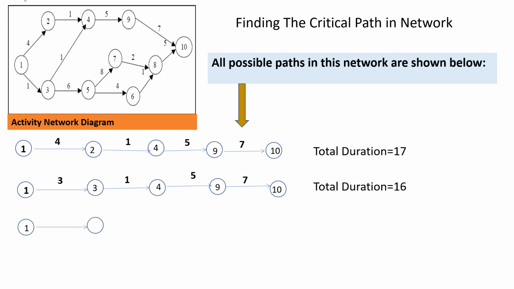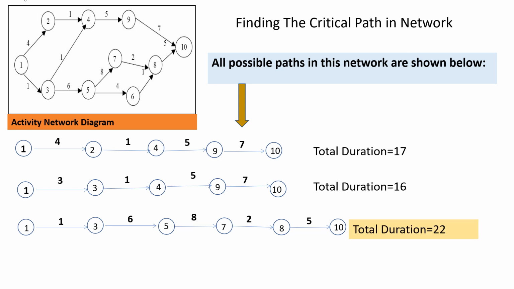The third possible path is 1 to 3, 3 to 5, 5 to 7, 7 to 8, 8 to 10. This is the third possible path. The individual duration of the activities are 3, 6, 8, 2 and 5. So total duration of this path is 22.